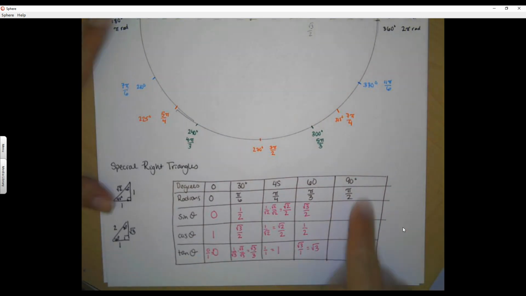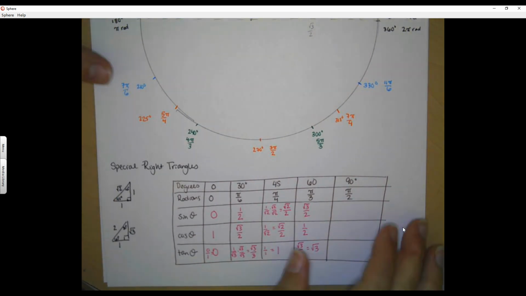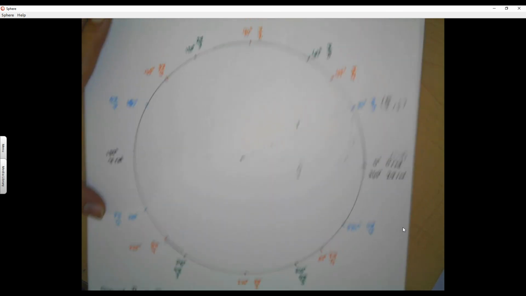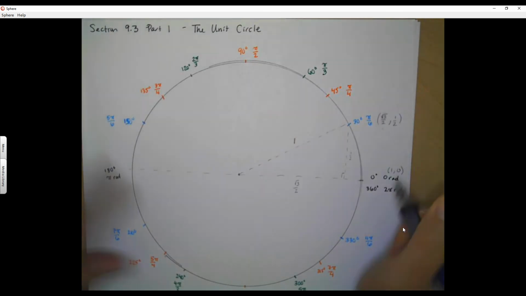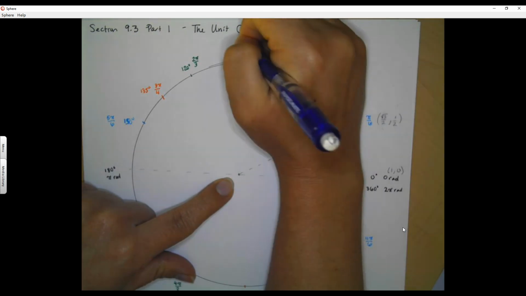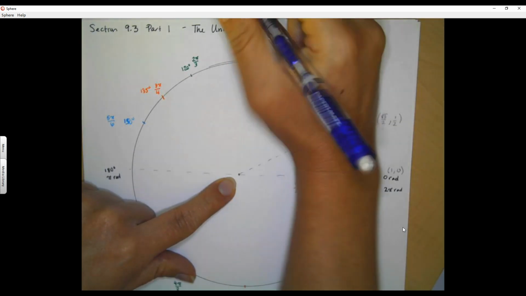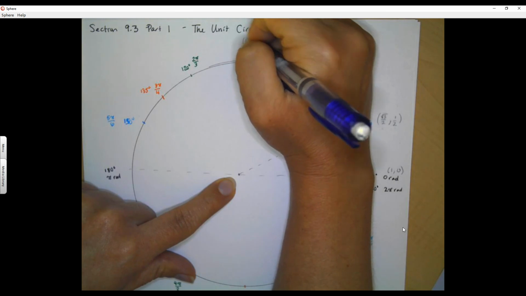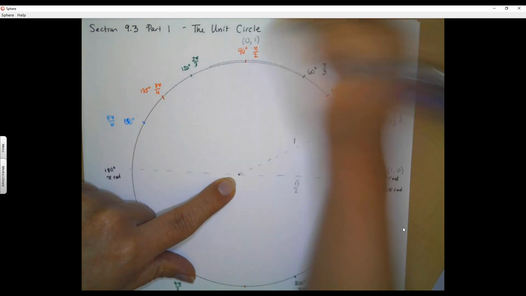So now we've just got one last column to do up here at 90. Now again, this is a unit circle. If our radius is 1, then here, my x coordinate would be 0, and my y coordinate would be 1.